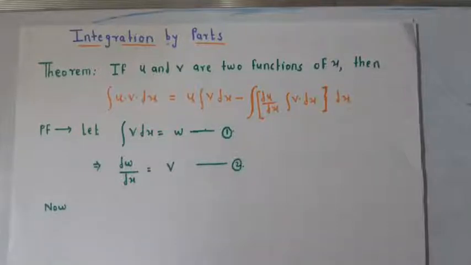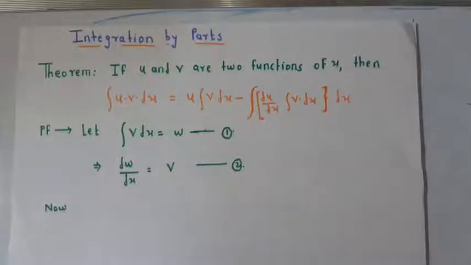Here the product of two different types of function means one of which can be differentiated and the other can be integrated conveniently.